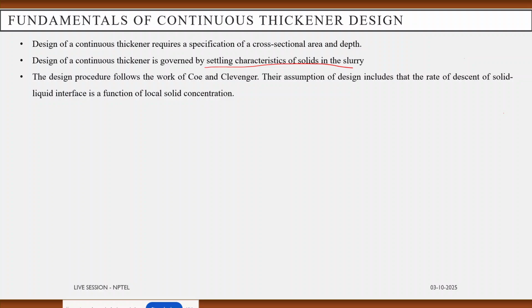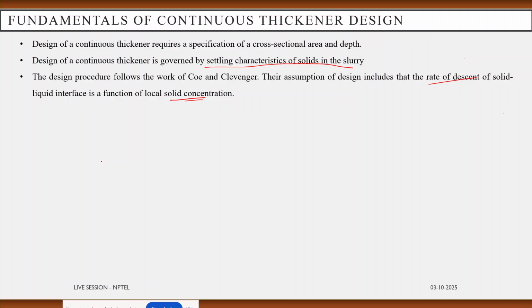Their assumptions for the design of such a continuous thickener include that the rate of descent of the solid-liquid interface, that means the rate of dropping down of the solid-liquid interface, is a function of the local solid concentration.